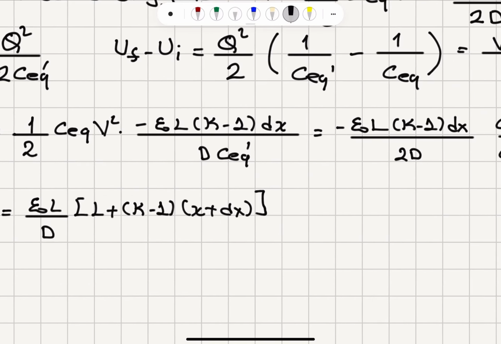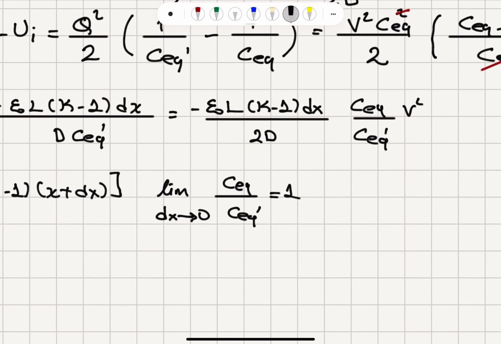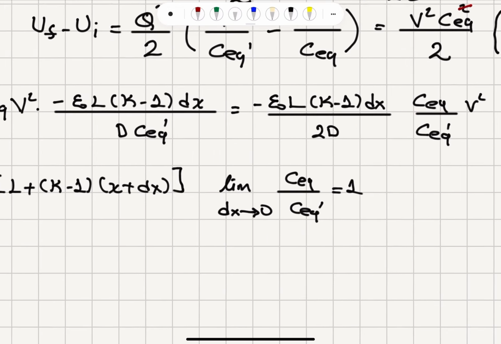So in the limit dx goes to 0, what happens to this ratio? C equivalent over C equivalent prime is approaching 1. So for very small dx values, in this limit it approaches 1, and I see that the change in the stored energy will be this quantity.